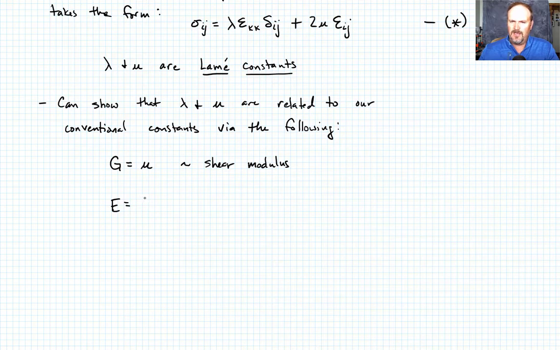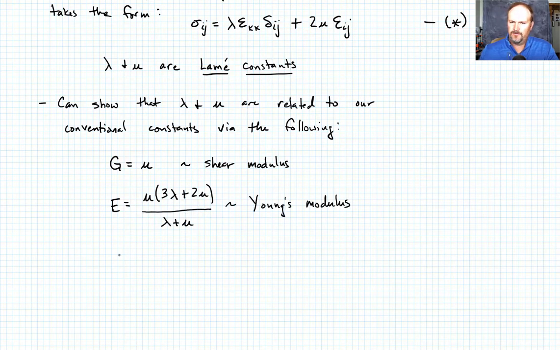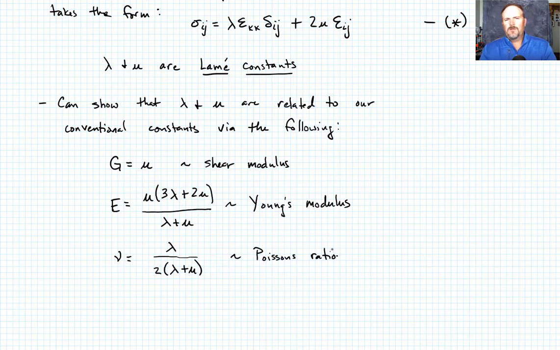It's related to some combinations of mu and lambda. It looks something like this: E equals mu times (3 lambda plus 2 mu) divided by (lambda plus mu). And the Poisson's ratio is equal to lambda divided by 2 times (lambda plus mu). That's the Poisson's ratio.